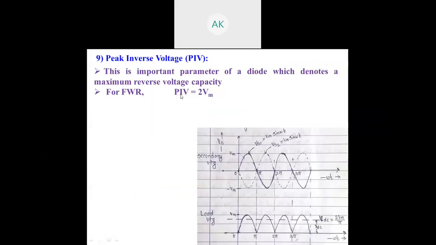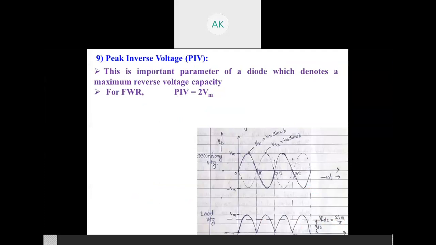So for the full wave rectifier, the peak inverse voltage, the maximum inverse, indicates negative, so the peak inverse voltage is 2 Vm. What voltage signal will be available?